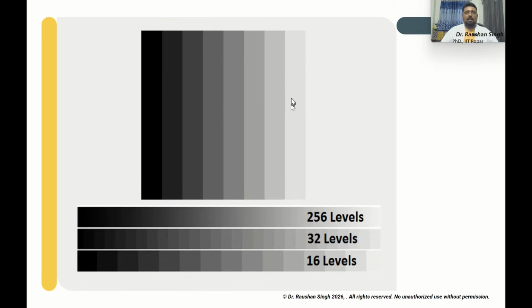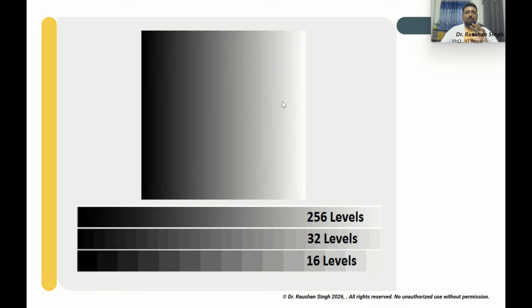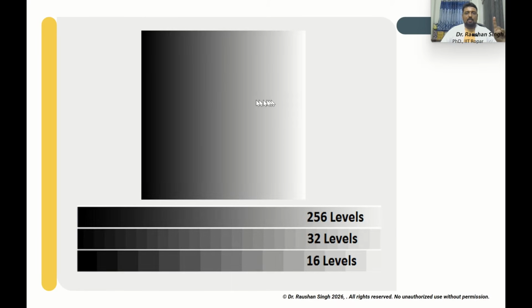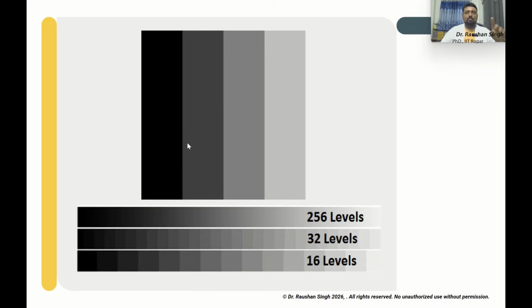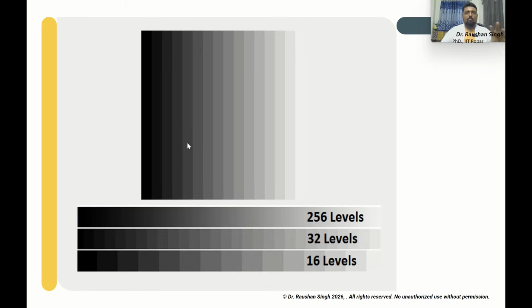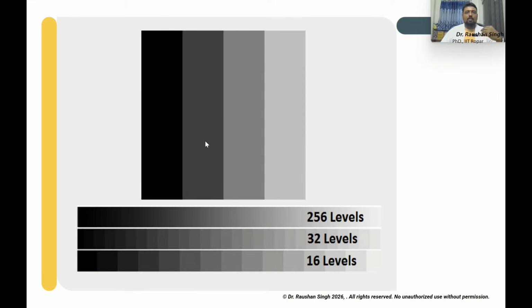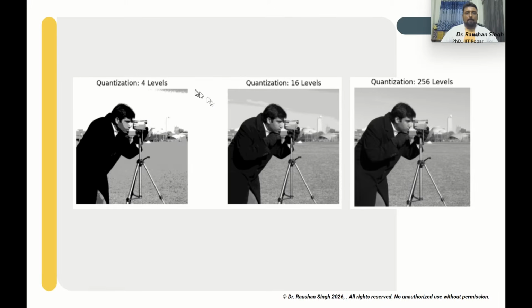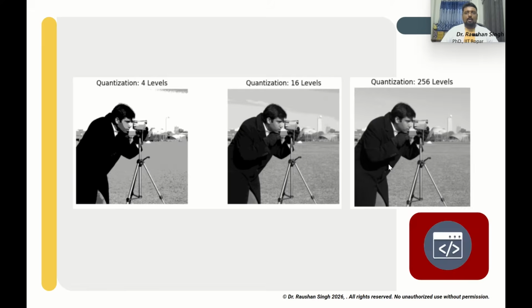So if you have to show a shadow, that shading is very clear when the quantization level increases. So by this we want to say that quantization increases the quality of your image in terms of detailing. Okay, so have a look at this. This is quantization level 4, this is quantization level 16, and this is quantization level 256. So let's see the code again.